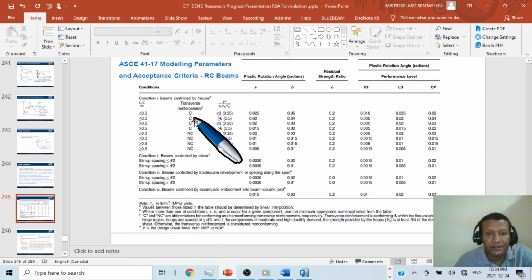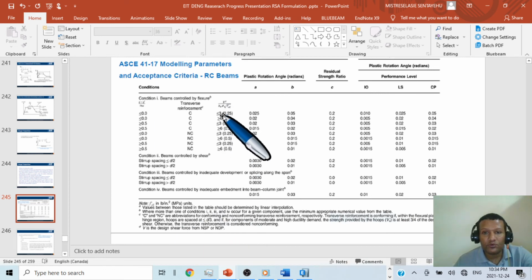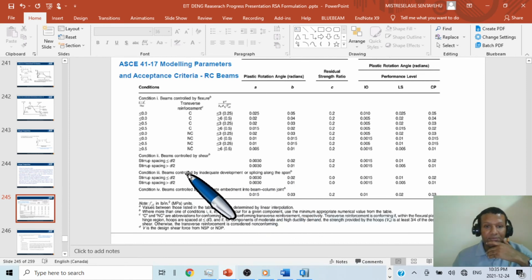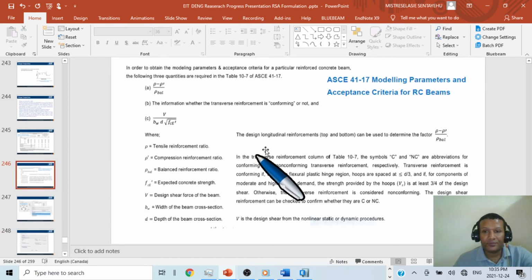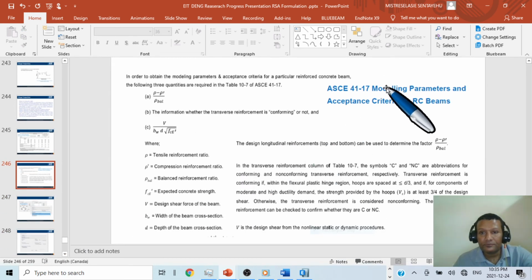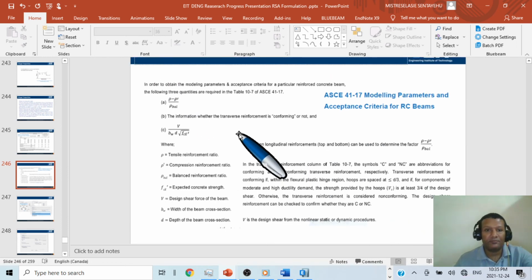What is non-conforming and what is conforming, you have to see here, everything is written here. So down you can see this formula. Once you know conforming, non-conforming, like this beam controlled by flexure, this is controlled by shear, this is controlled by development or splicing along the span, this is column joint, something like that. So again you can see here, this is for the beam, balanced failure, this is still a ratio.